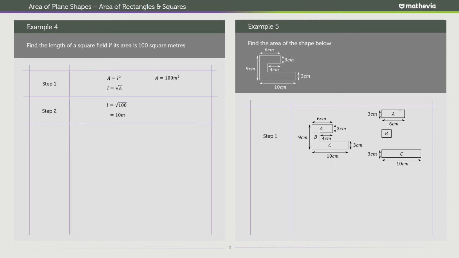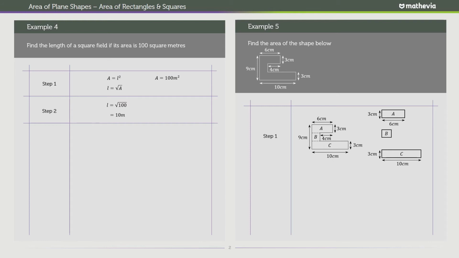Then if you look to the right, the breadth of A, from the top of the shape down to where B starts, is 3 centimeters. Then we have the vertical length, the breadth of B, but we don't know what that is. From where B stops to the end, we have 3 centimeters.